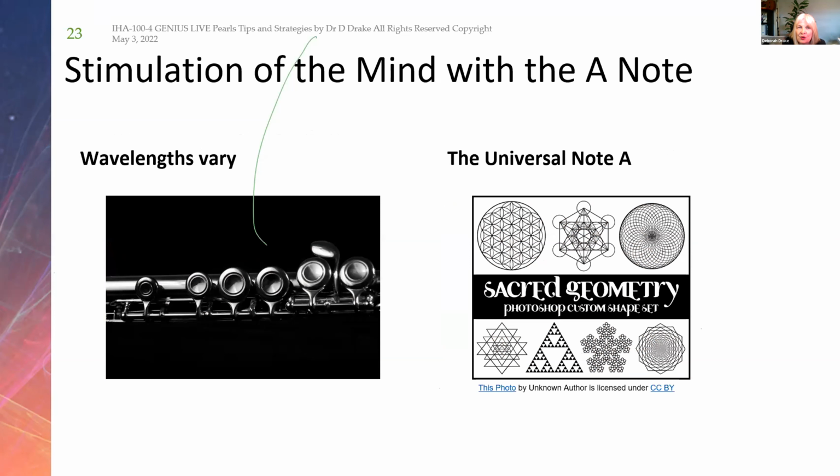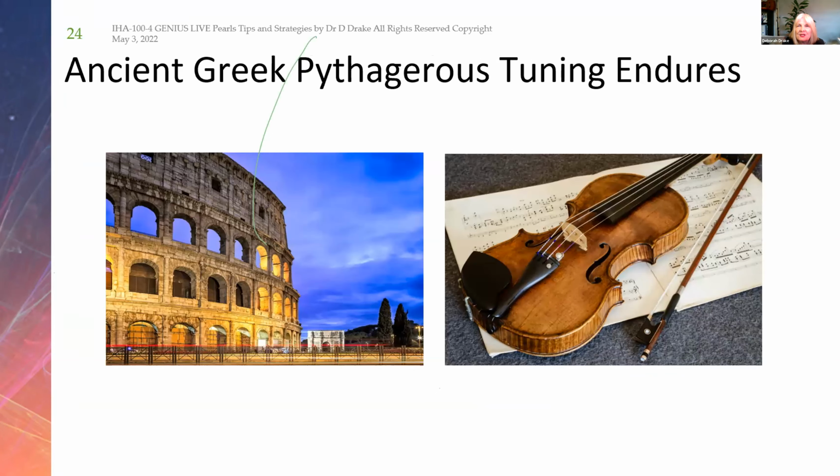So this is why the universal note A can match almost every different wavelength based on how long a tube it's played through, like I'm trying to give the analogy here of a flute. But the sacred geometry of the note A is the key for us to listen to music in many symphonies in A. Almost all of the scales of music use the note A in some way or another in their tuning.